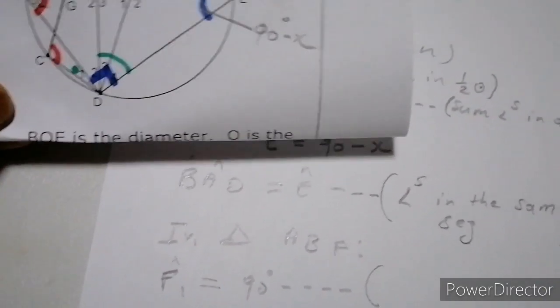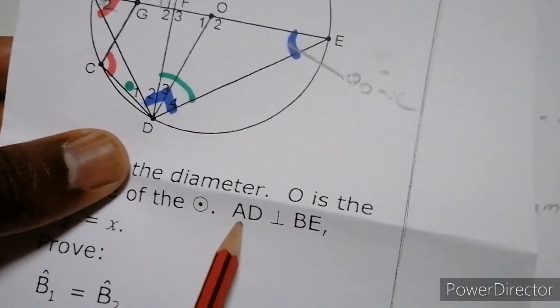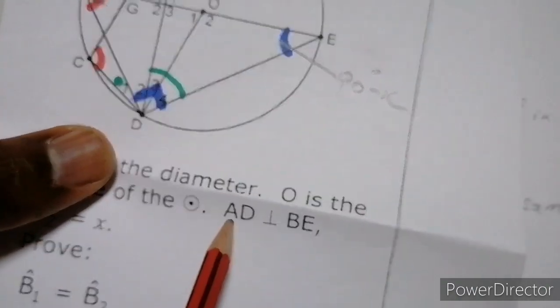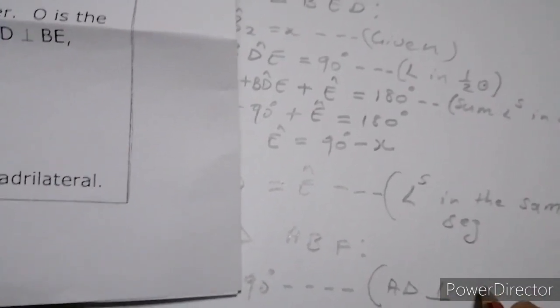What is the reason? Remember from the statement they said line AD is perpendicular to BE. AD perpendicular to BE. F1 is equal to 90.